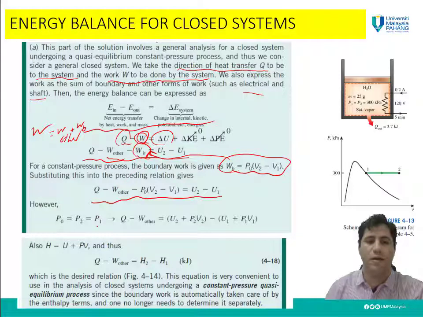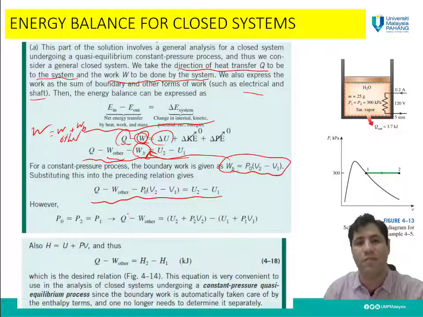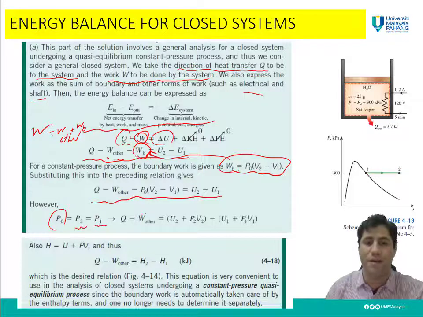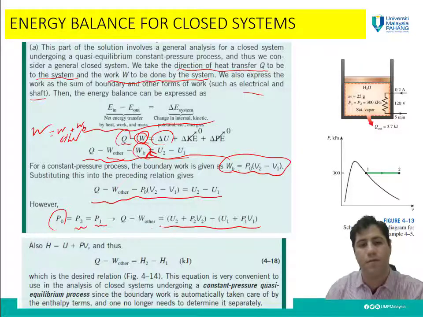And we have already discussed that pressure in state 1 and state 2 are identical, like P1 equal to P2 equal to P0, which we have here. So we can rewrite this equation like this: Q minus W other equal to U2 plus P2 V2 minus U1 plus P1 V1.